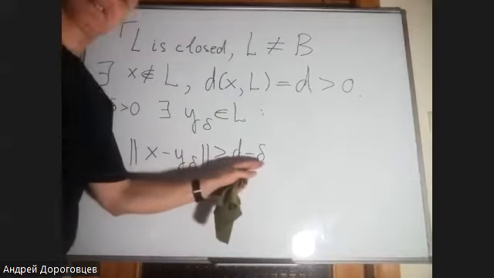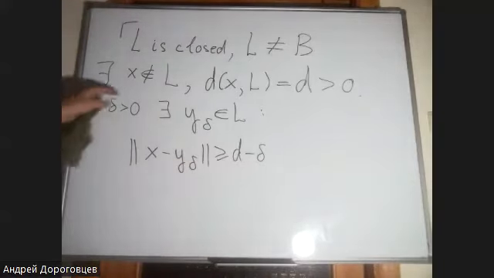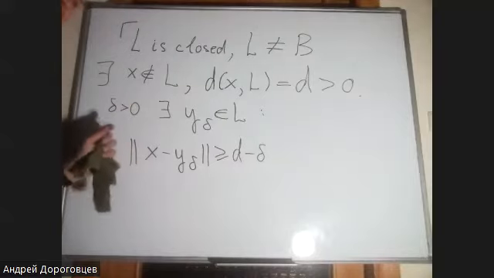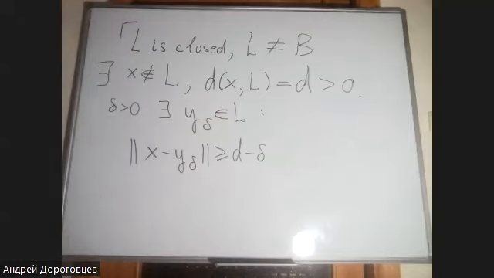I will choose delta later, but now I just think about delta as a small positive number. Of course, it must be smaller than d. Then I can find such a y delta.